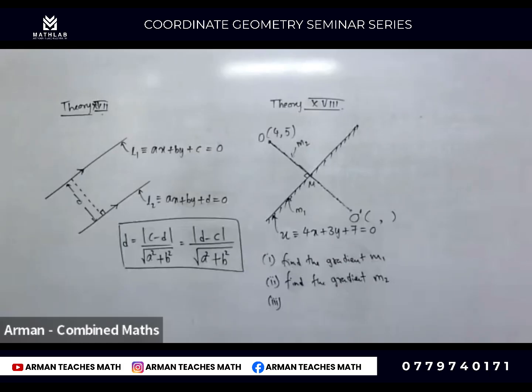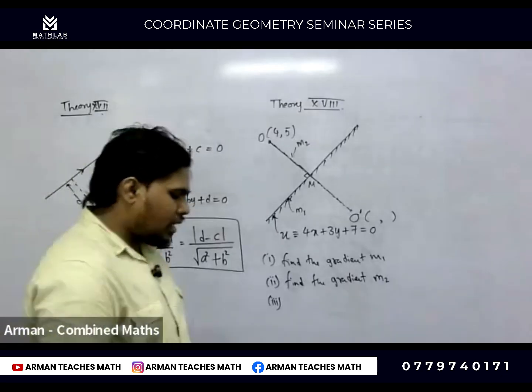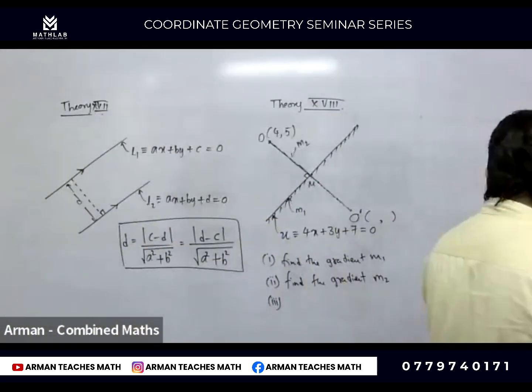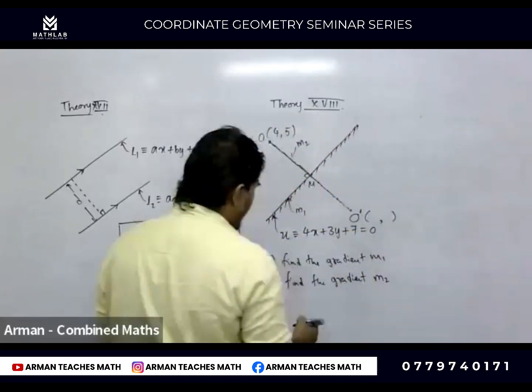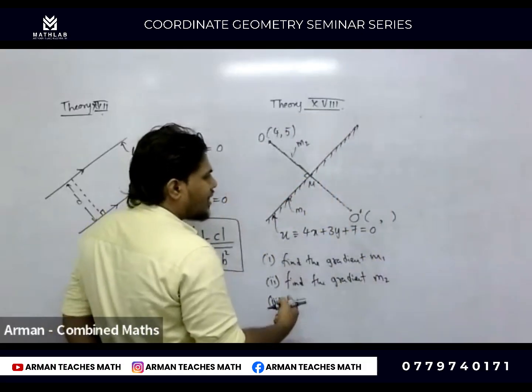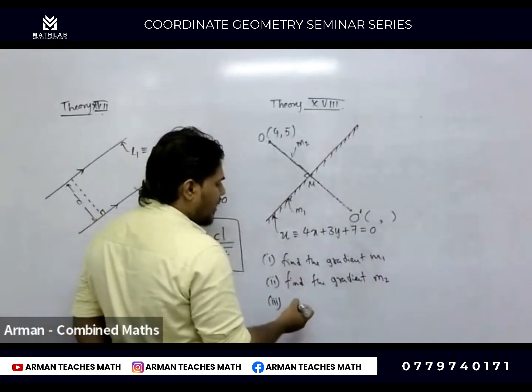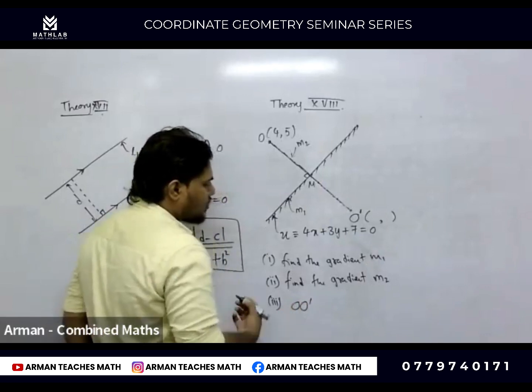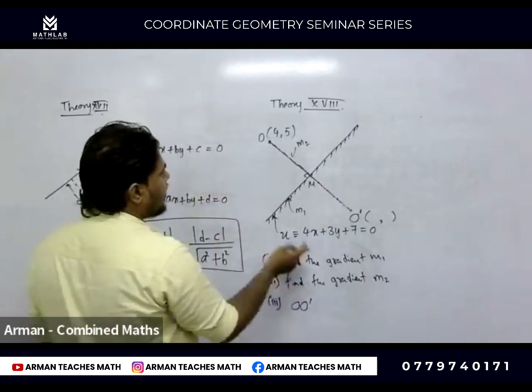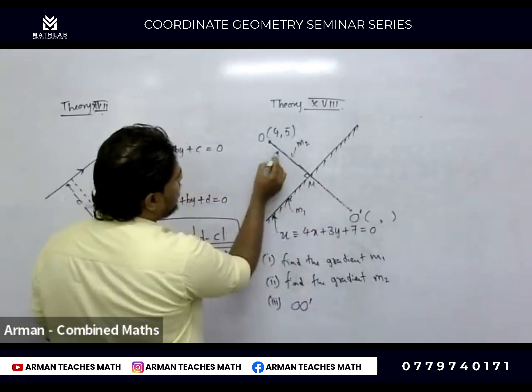Get the general coordinates on the OO dash straight line segment. Sorry, OO dash straight line segment means this.